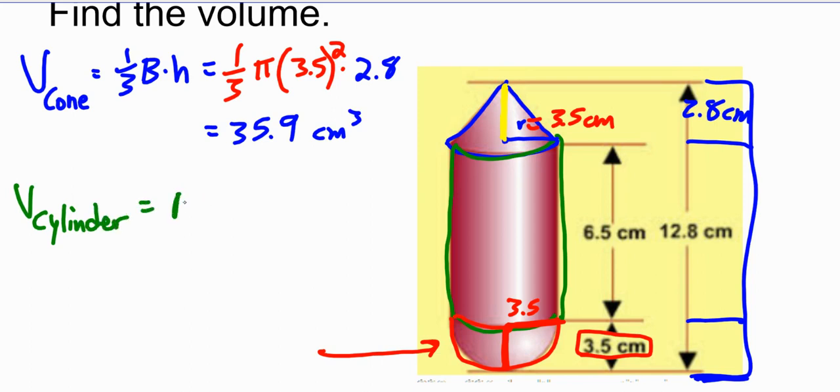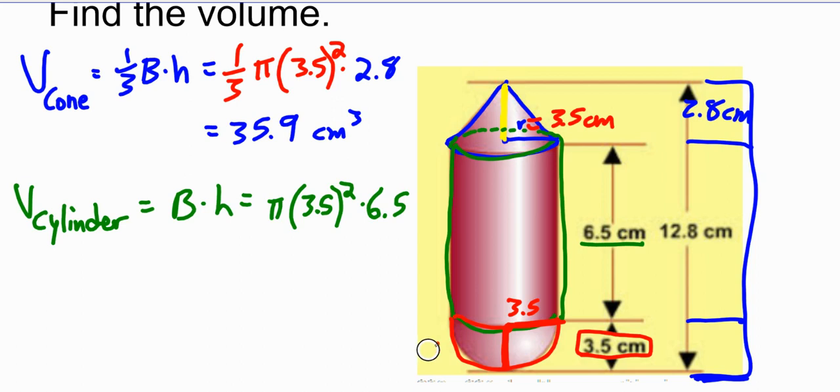Now let's move on to the cylinder. That is just the area of the base times the height. So it's the same circle. That's the base. So it's going to be pi times 3.5 squared times the height of the cylinder now, which is 6.5.